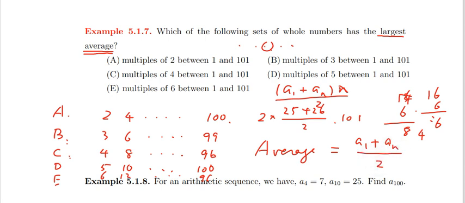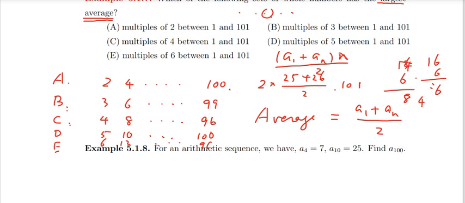We don't care what n is. Then we make the problem easy: for the first one it is this plus this divided by 2.